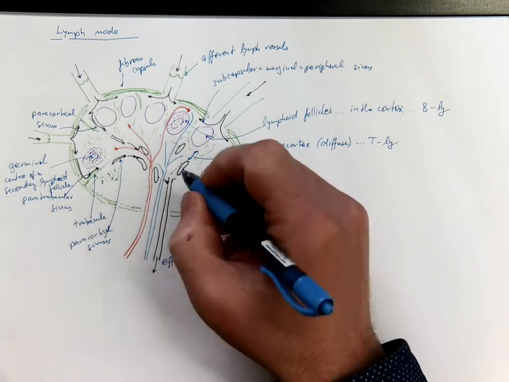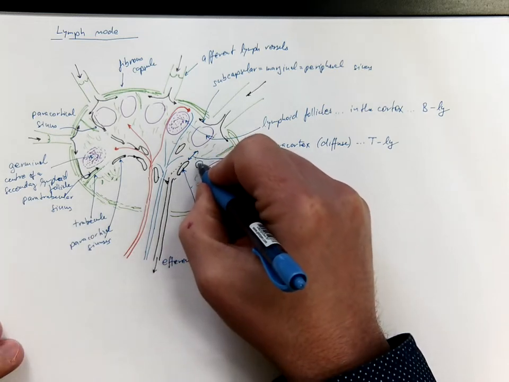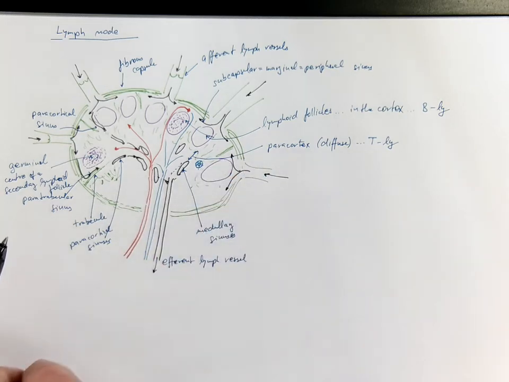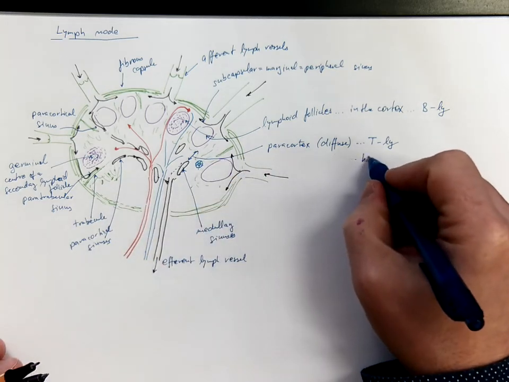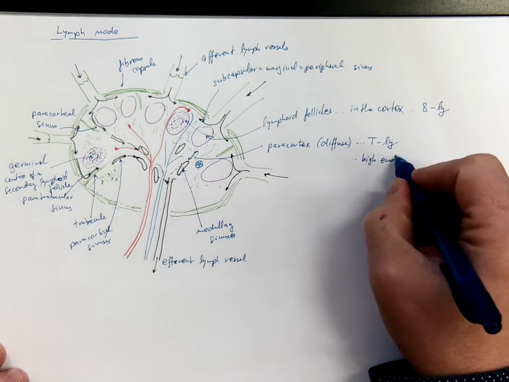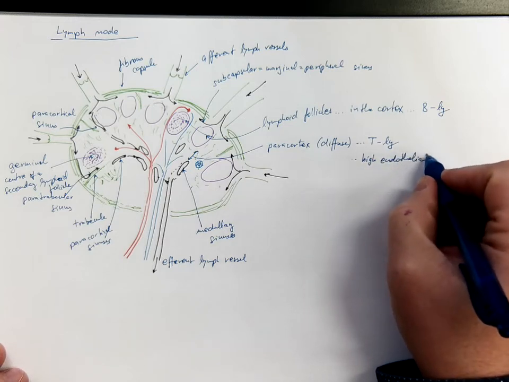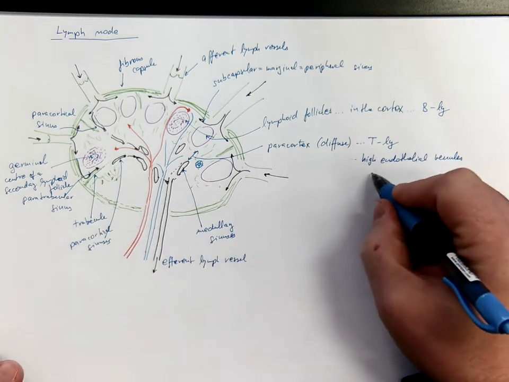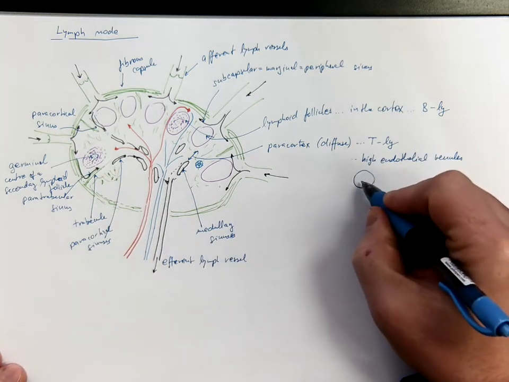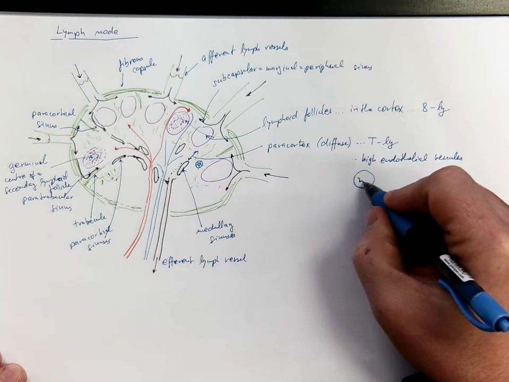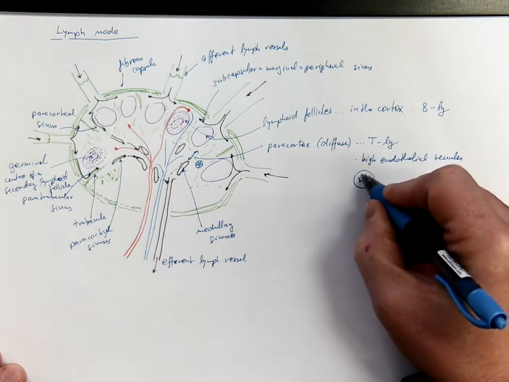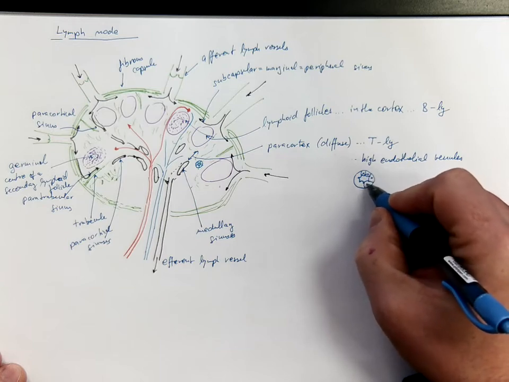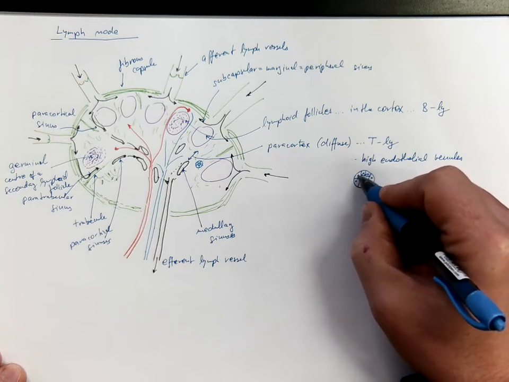Other structures present in the paracortex are the so-called high endothelial venules, that have really cuboidal endothelium, which is quite rare or strange, because endothelium usually is flat, isn't it?